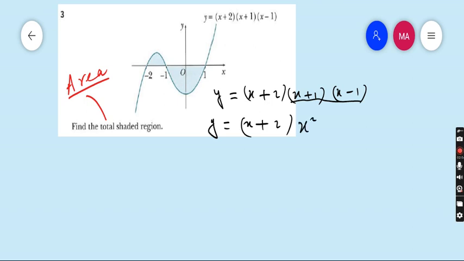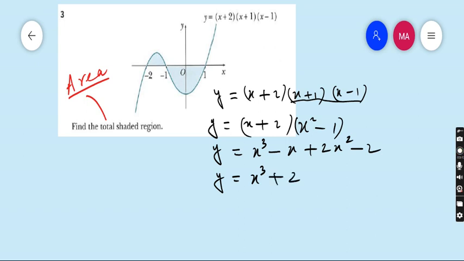So it is x squared minus 1 squared, which is 1. Further multiply: x into x squared is x cubed, x into 1 is x, 2 into x squared is 2x squared, 2 ones are 2. So y is equal to x cubed plus 2x squared minus x minus 2.